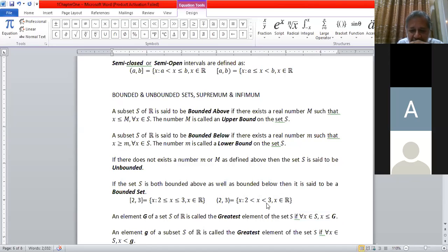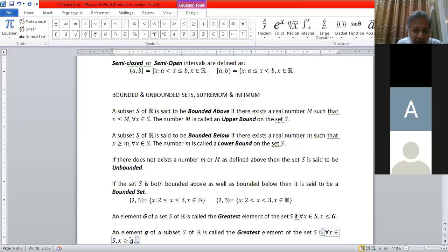So in this set, somebody was trying to say that the largest element or the greatest element is 2.999999, but I cannot tell exactly what's the greatest element. But a greatest element will be an element which is an element of the set and greater than every other element of the set. Similarly, for the smallest, small g is the smallest element of the set.